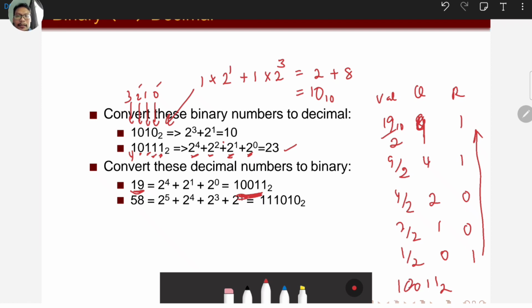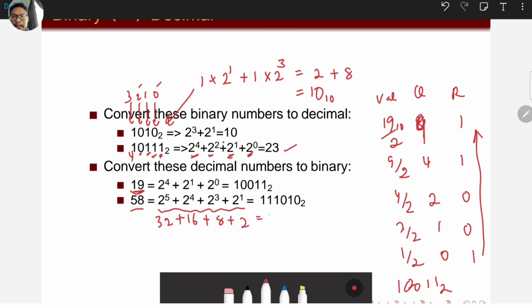Similarly with 58, you can do the same. I'm not going to show it here. But for 58 we can also see another method, whereby 58 is a combination of the powers of the bit positions. For example, 2 to the power of 5 is 32, plus 2 to the power of 4 is 16, plus 2 to the power of 3 is 8, plus 2 to the power of 1 is 2.